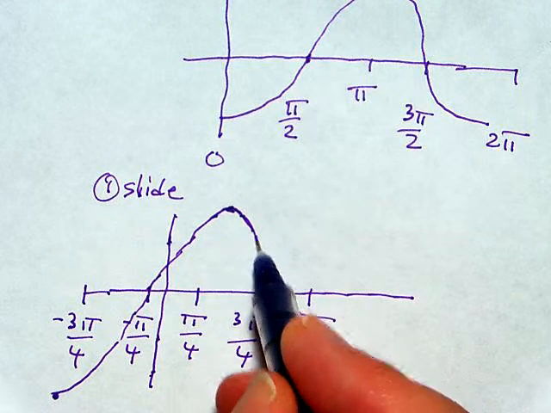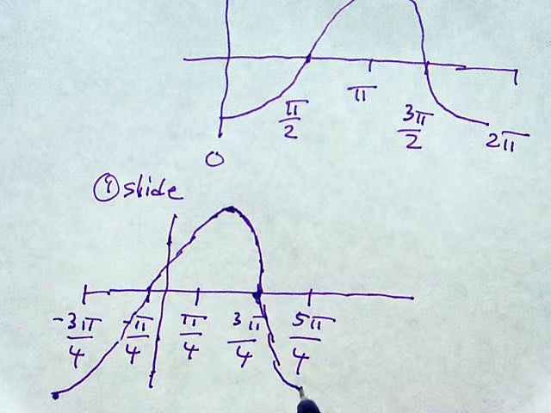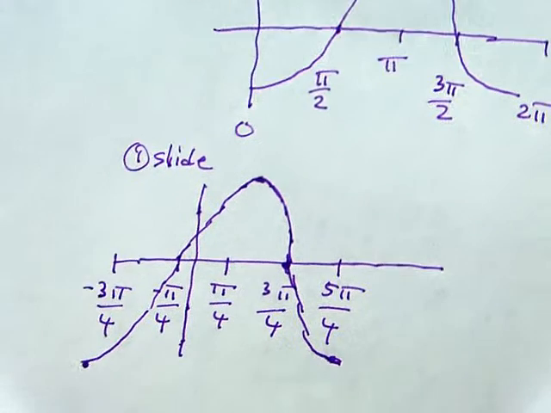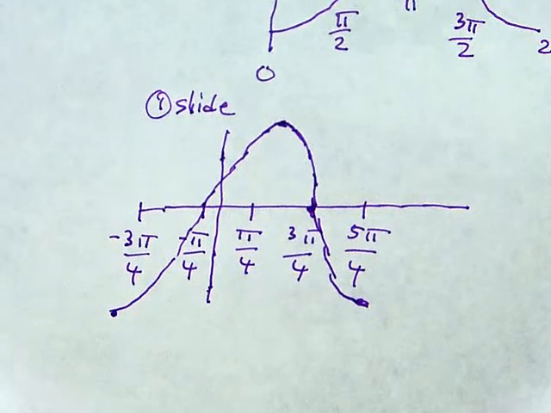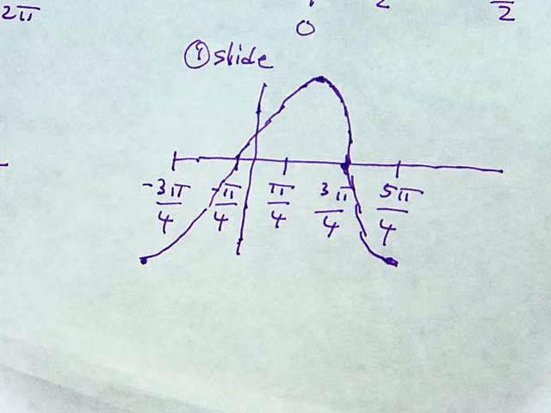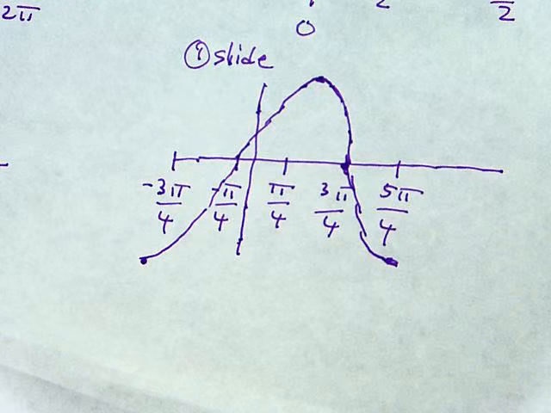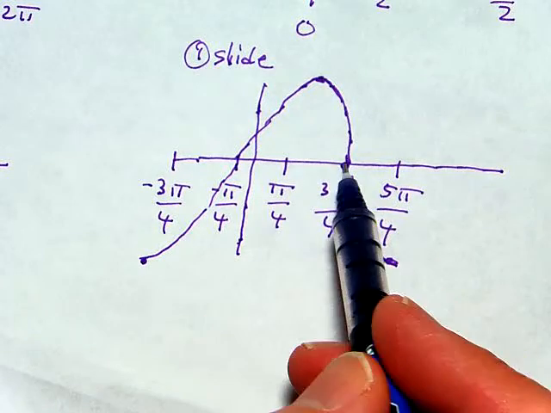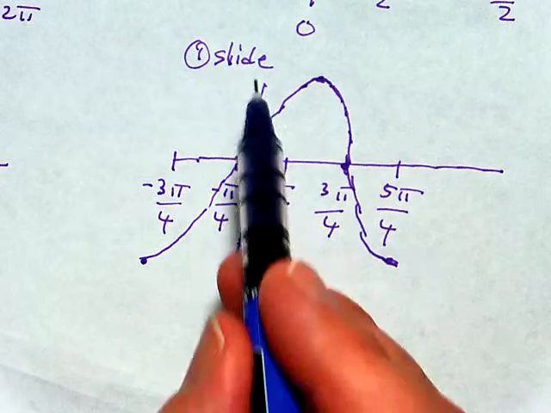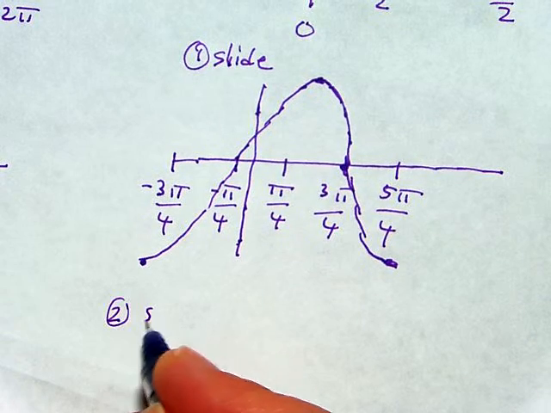And then we come back down to hit 0 again at 3 pi over 4 and come to our minimum at 5 pi over 4. Okay, again, artwork that will not be missed, but nevertheless, that is the idea. We go from minimum to 0 to maximum, back to 0 and to minimum again, and we've done our slide correctly. The next thing we do, secondly, is to scale.